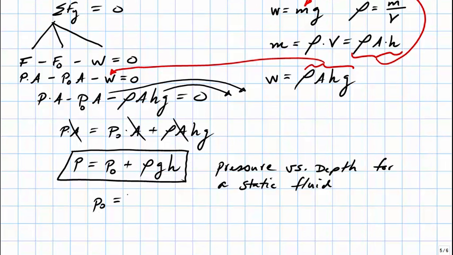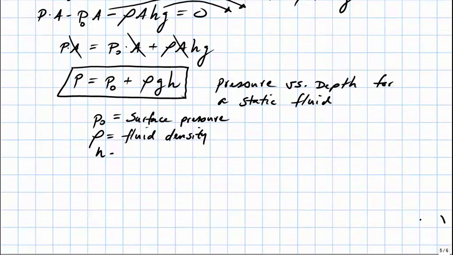P0 represents the surface pressure. Rho represents the fluid density. And of course, H represents the depth.